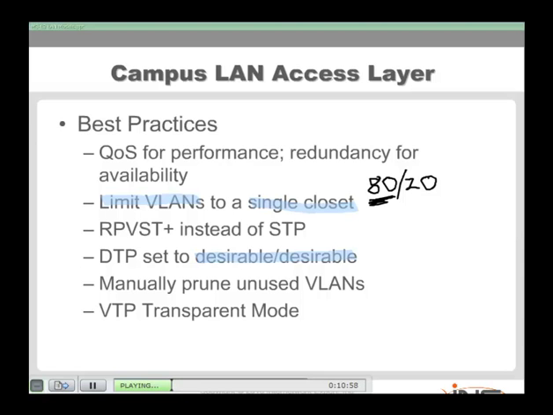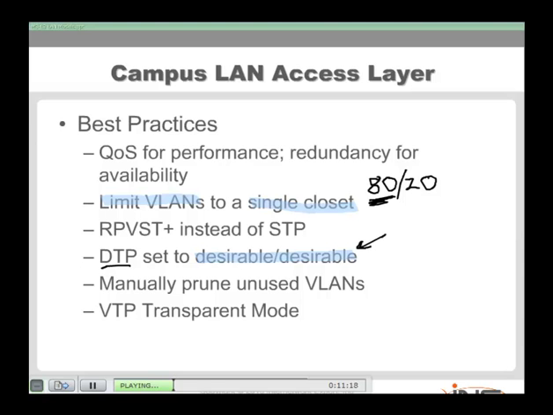Notice that Cisco says that we should use the Dynamic Trunking Protocol, and that specifically we should set the links to desirable and desirable. Now, many of us look at this and we say, geez, no thanks.